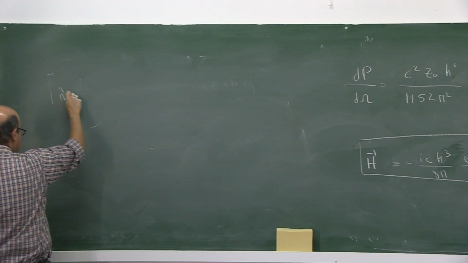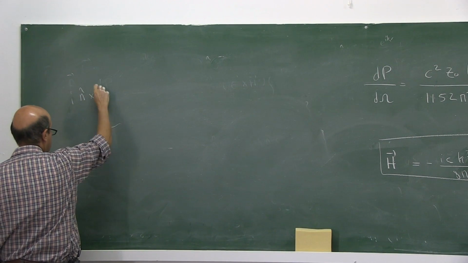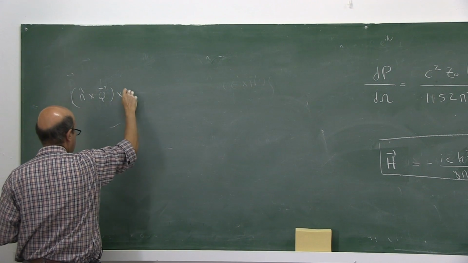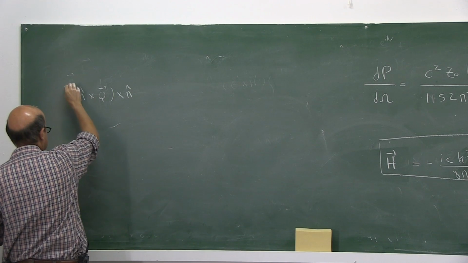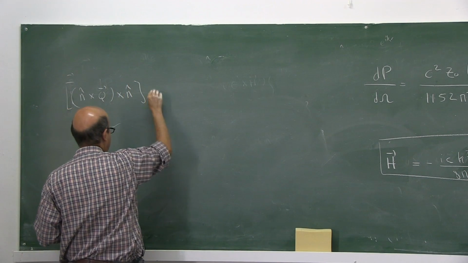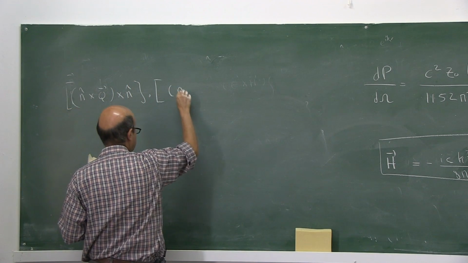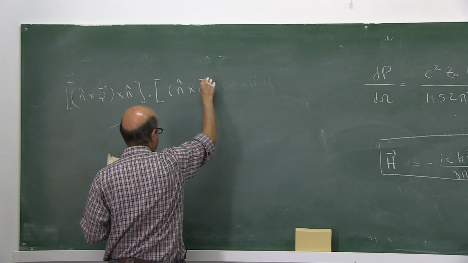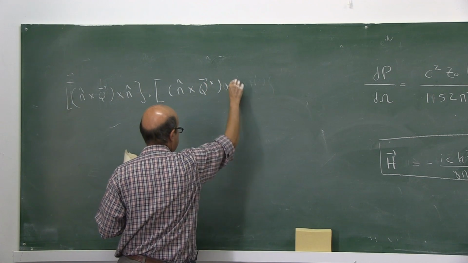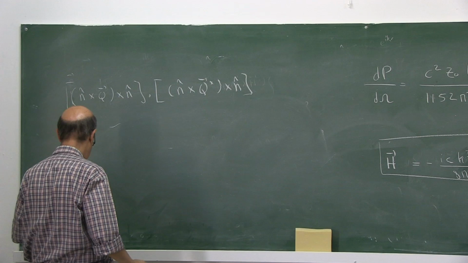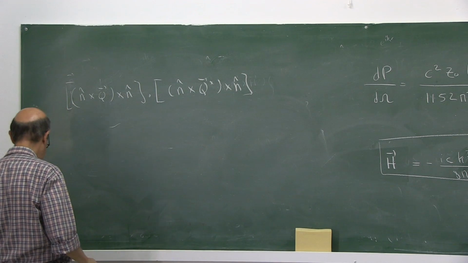N cross Q cross N, dot product with the complex conjugate, and the unit vector is real, and this will be the following.